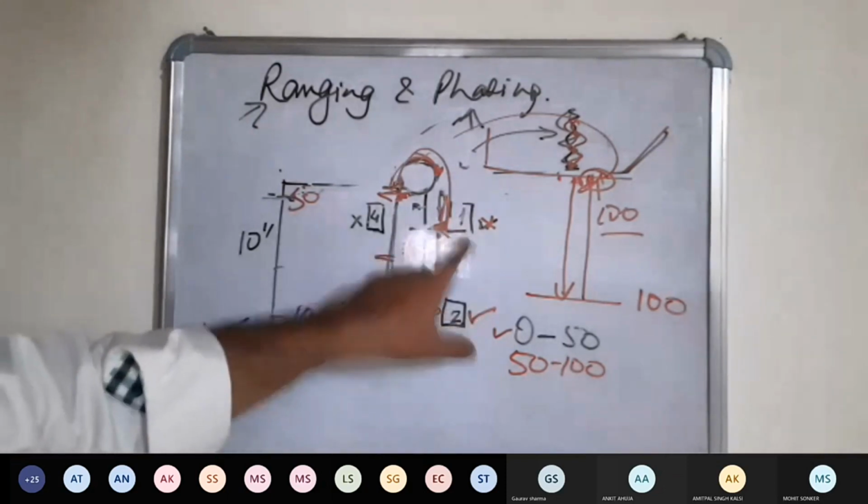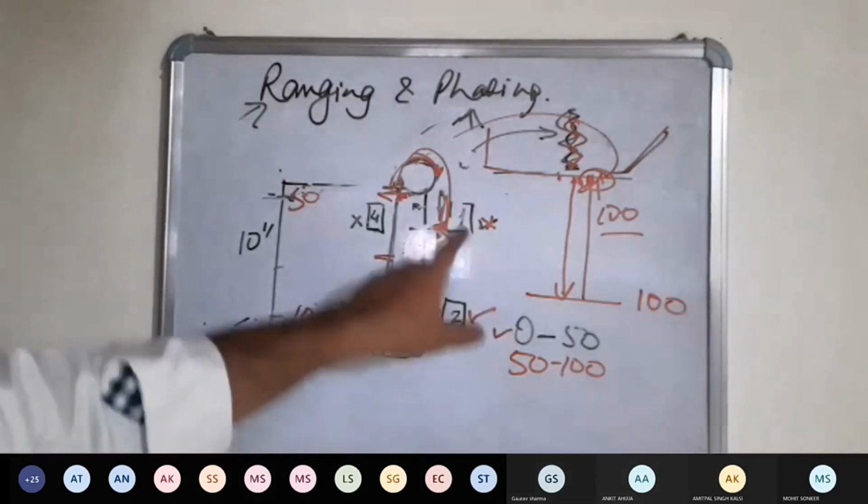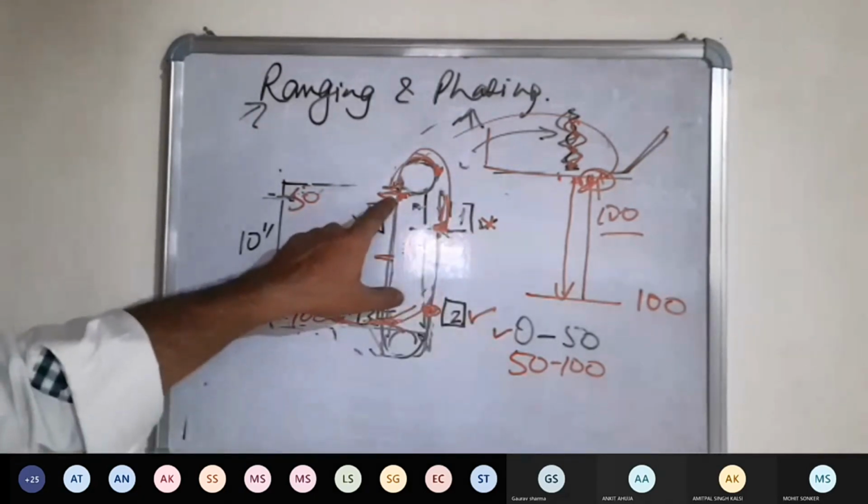So range 1, we had sensor 1 working when the stylus was at 0 point.